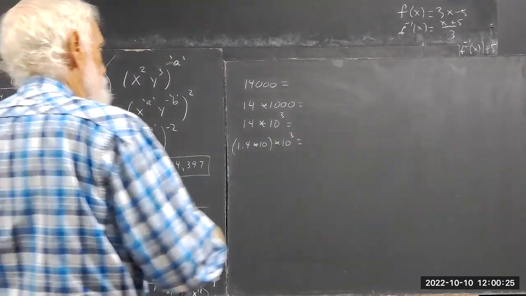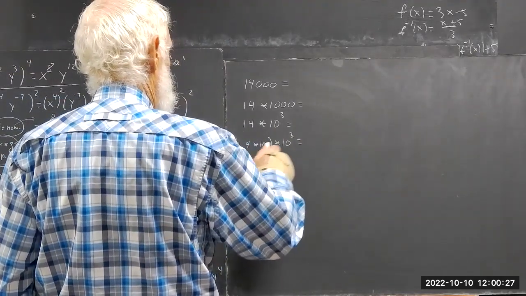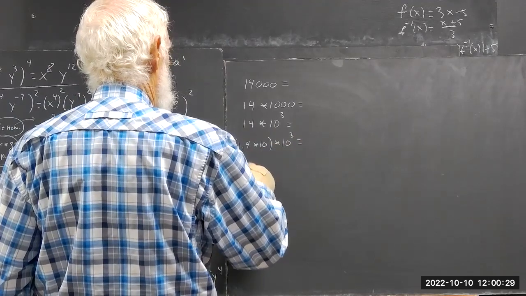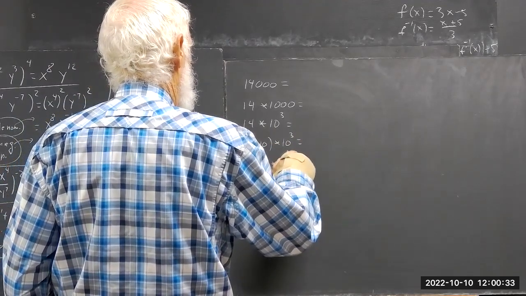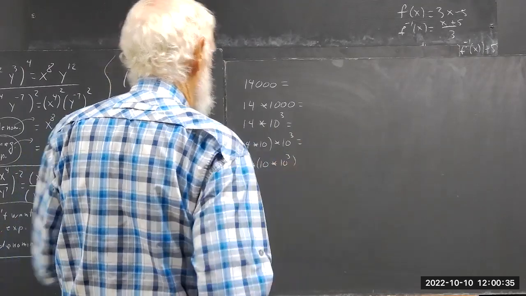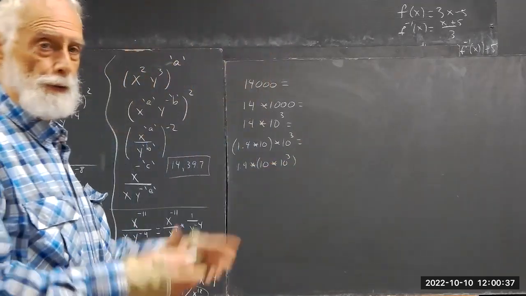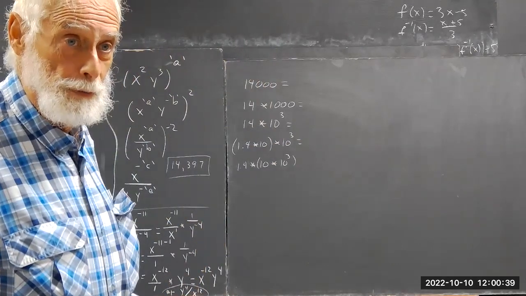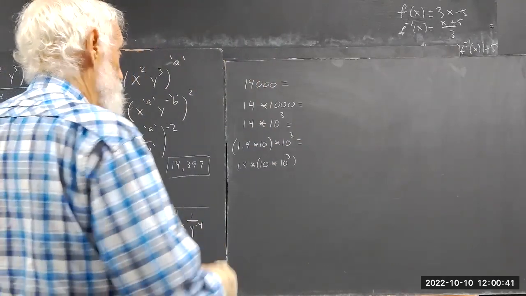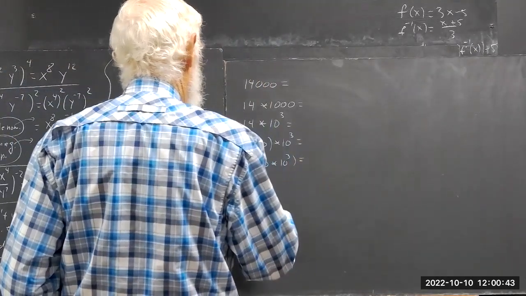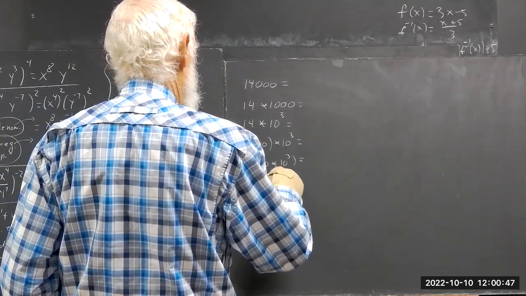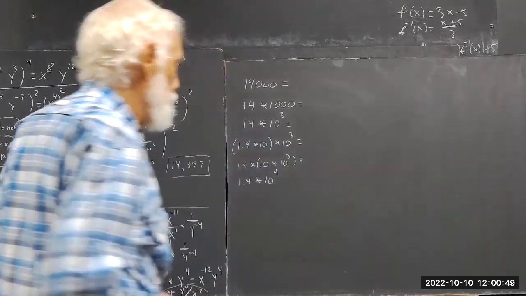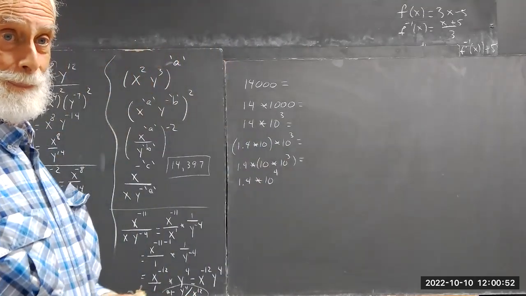And of course, 1.4 times 10 times 10 to the third, because you can group your multiplication any way you want to, is 1.4 times 10 to the fourth.